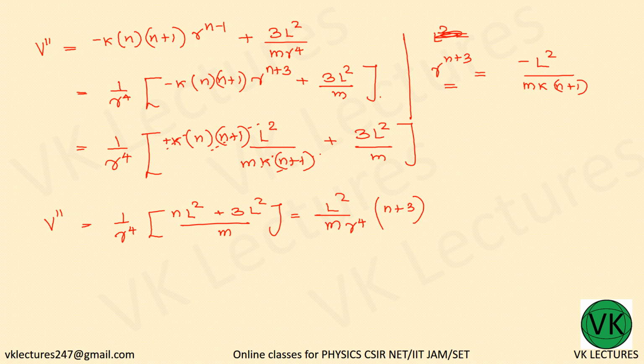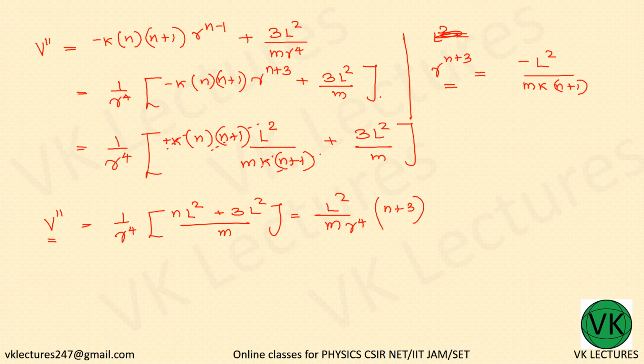So this is the radius we have found for the given potential for the orbit to be stable. Now we are going to find out whether we are getting the correct oscillations. So this has to be positive. Now we know that L square is always positive because it is squared, and n plus 3 has to be positive, right?